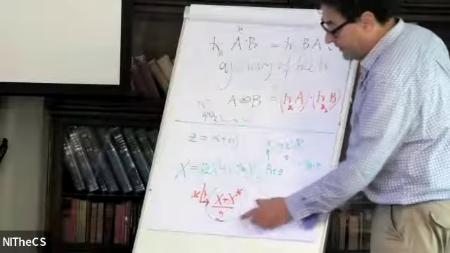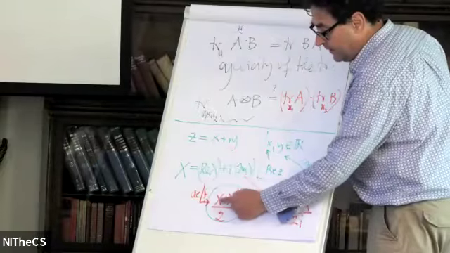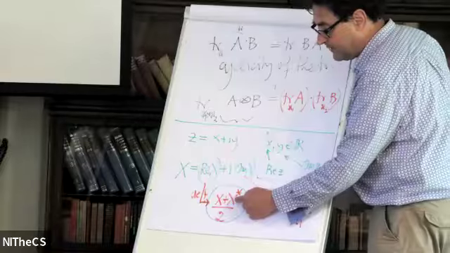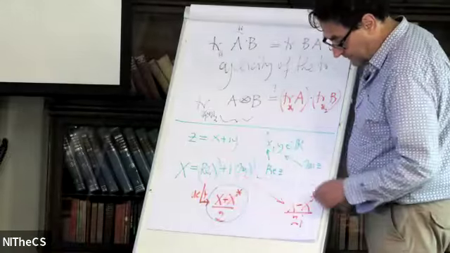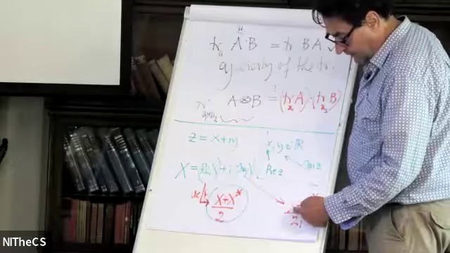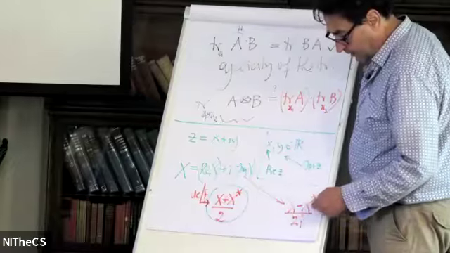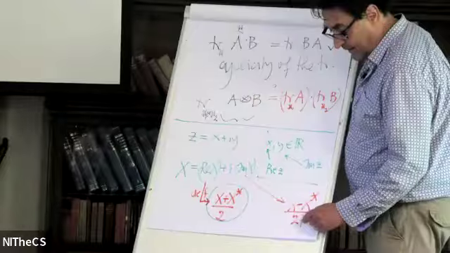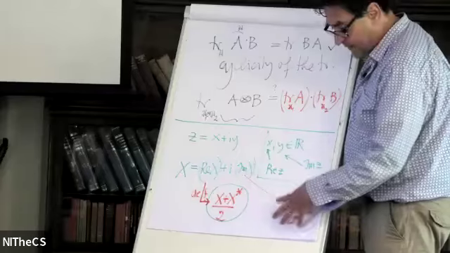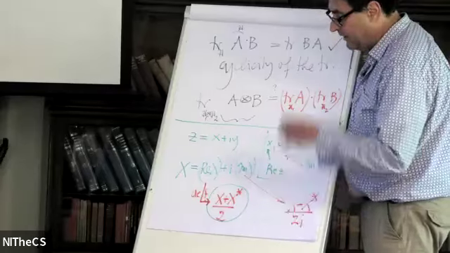Take the adjoint of this: this becomes X star and this becomes X, so it's the same thing. And take the adjoint of this: it becomes X star minus X, so it's minus, but if you take the adjoint, the i at the bottom is also minus i, so this is also Hermitian.